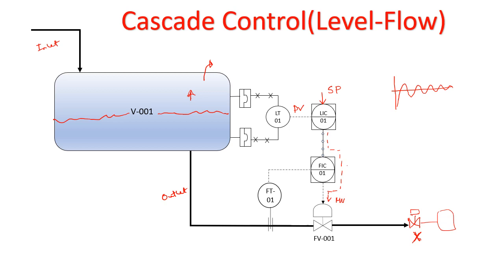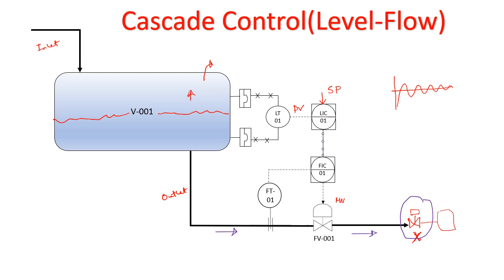That's why the process designers or process controllers thought, why not measure the thing that gets impacted first. So here in this particular example, when this valve gets closed, what gets impacted first?